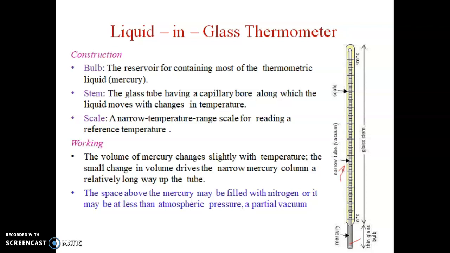So when this mercury bulb is subjected to a temperature, a small change in volume of this mercury drives a narrow mercury column in a relatively long distance, and the height of the column is read against the scale.